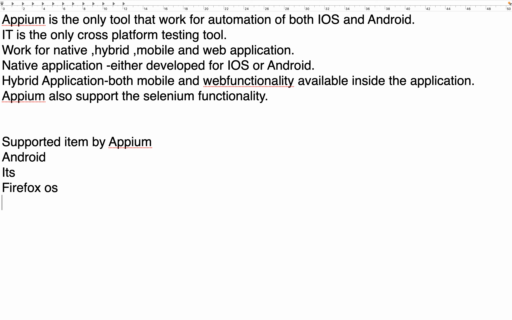And the client code, or the code that we are using for automation. Suppose I want to click on any button, for that we are going to use the programming language Java. This complete series covers Java, so I'll try to cover all the basic concepts of Java when I teach you the concepts of Appium.